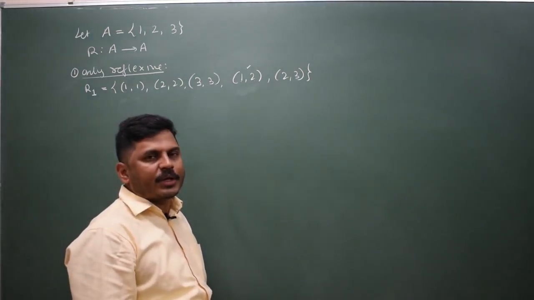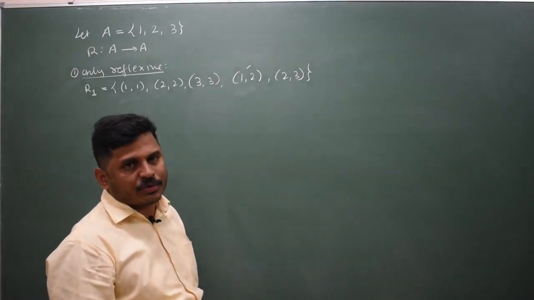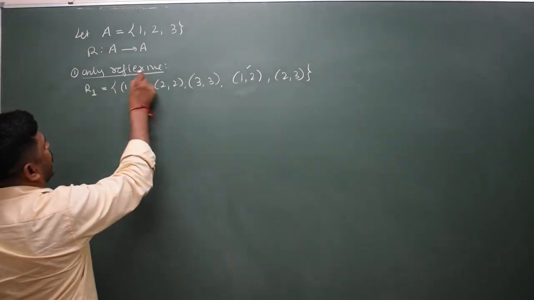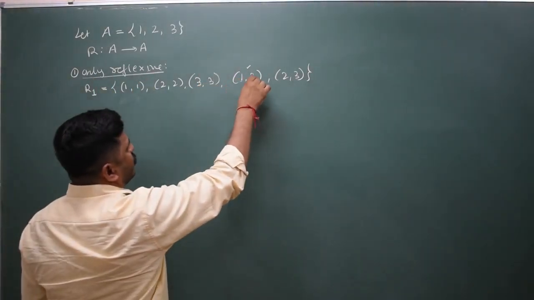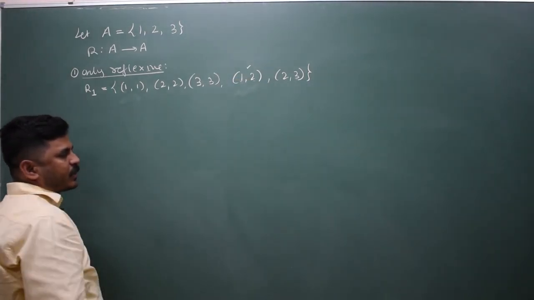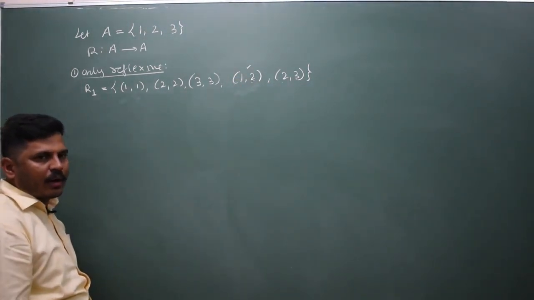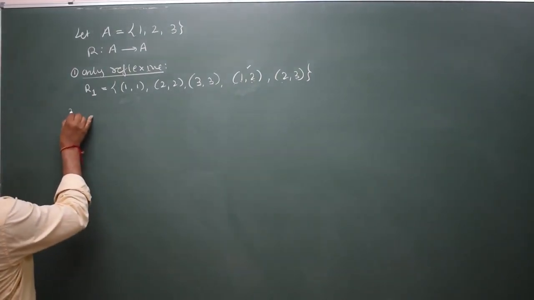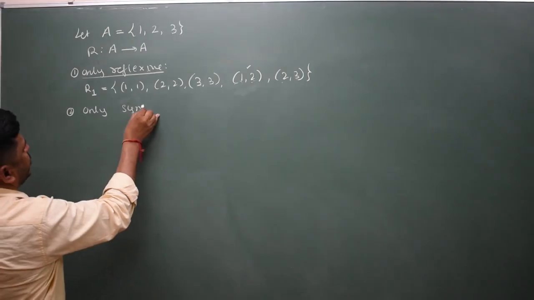Since 1, 3 is not there, it is not transitive. So it is only reflexive, neither symmetric nor transitive. 1, 2 is there, 2, 1 is not there, so it is not symmetric. 1, 2 is there, 2, 3 is there, 1, 3 is not there, so it is not transitive.